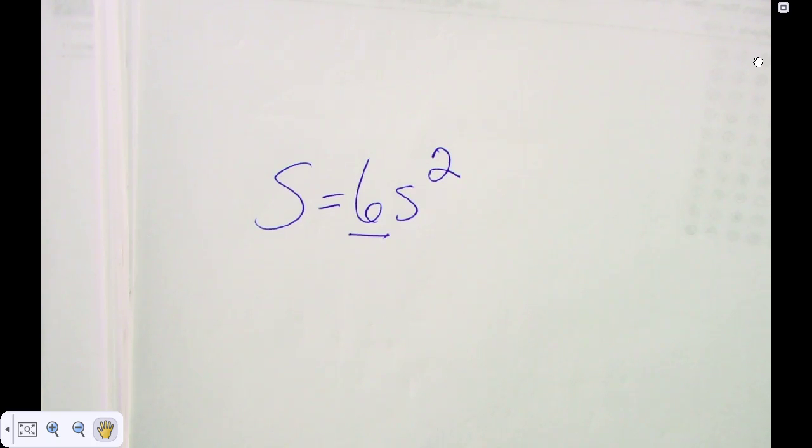True? True. So here's what the state of Texas wants you to know. Wants you to be able to do. Take what you know to find out what you don't know. That's what they want you to be able to do, is to reason through. Oh, I'm getting the surface area of the cube, but I'm not going to paint the bottom or the top.